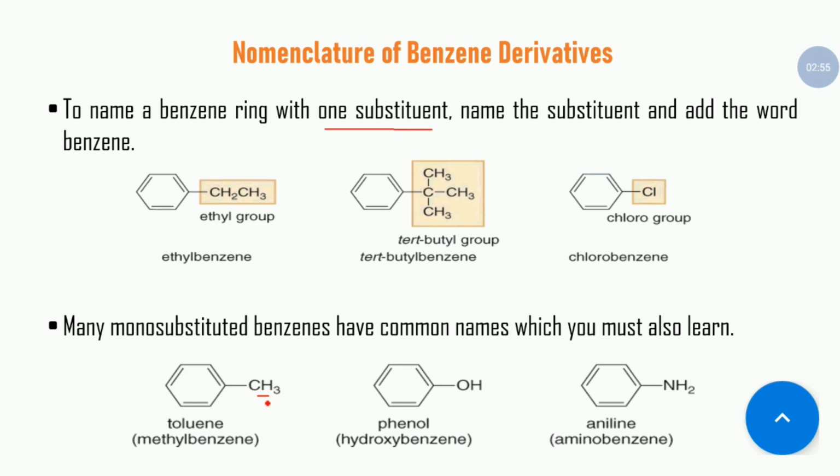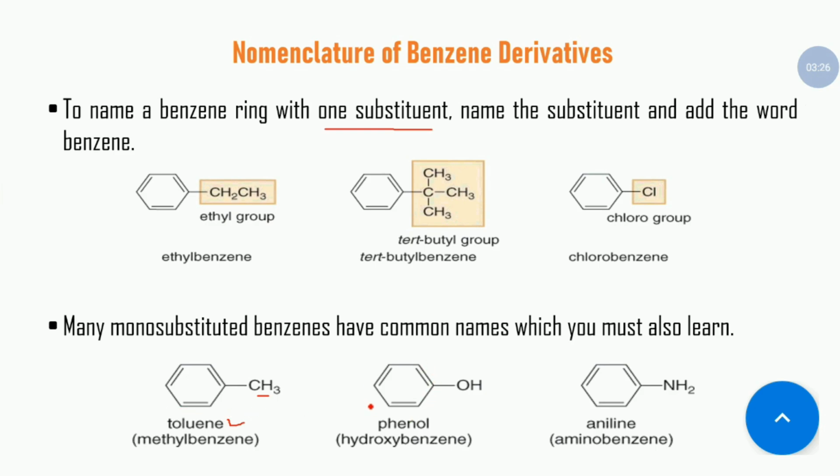Like the first rule, you write methyl, then benzene, so it's methylbenzene, but it has a very common or popular name, that is toluene. Whenever you find a benzene ring with a methyl group, you just write toluene.